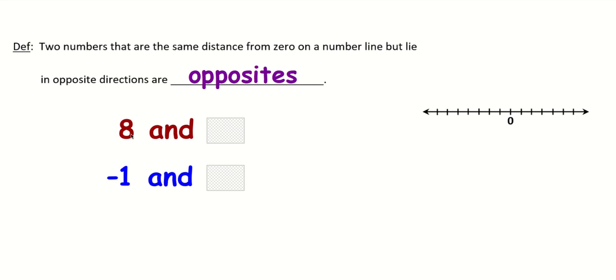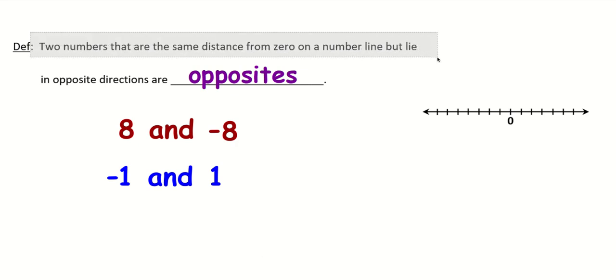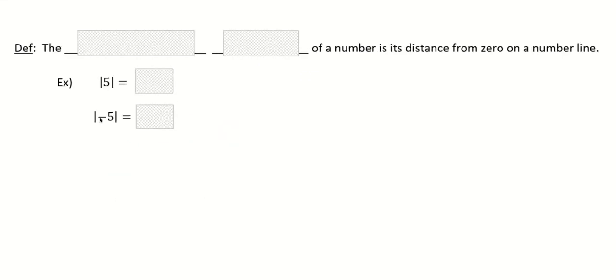What is the opposite of 8? Negative 8. What's the opposite of negative 1? Positive 1. You just change the sign and it fits this definition where it is the same distance from 0 on a number line, just in opposite directions. 8 and negative 8, same distance from 0. Negative 1 and positive 1, same distance from 0.